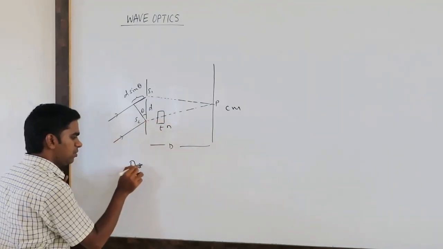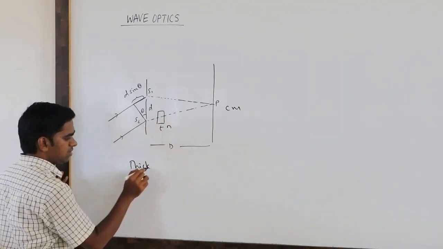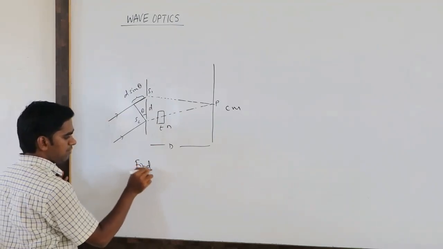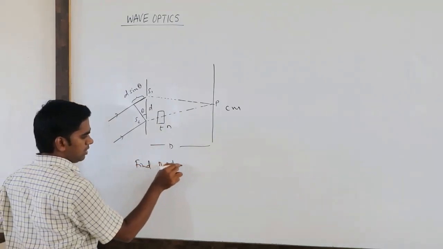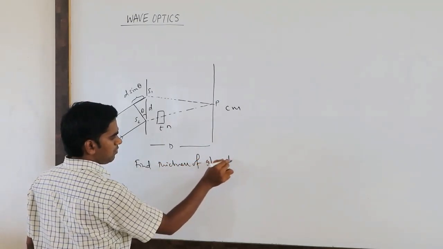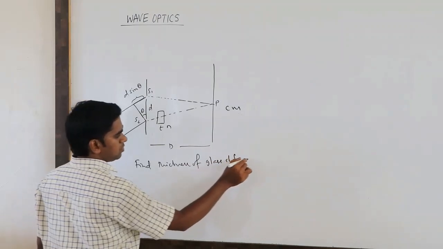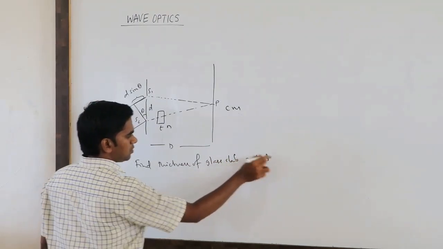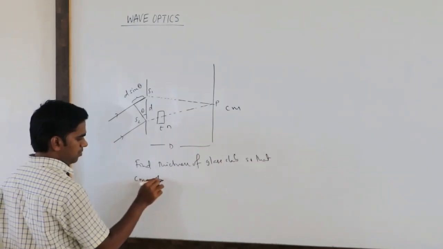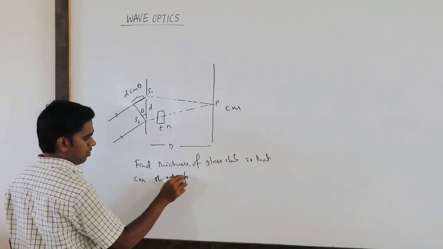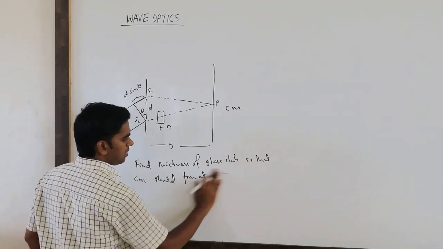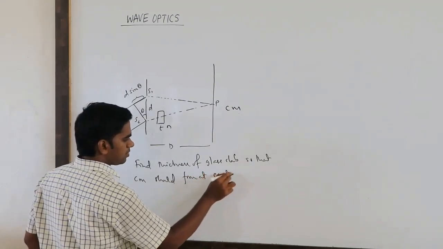So the question we can expect here is: find the thickness of the glass slab so that central maxima should form at the center only.